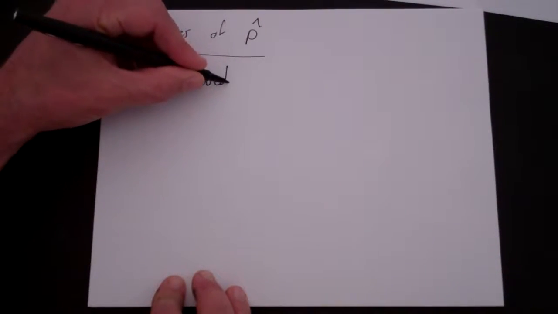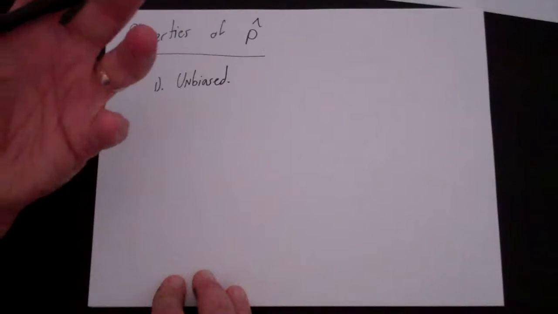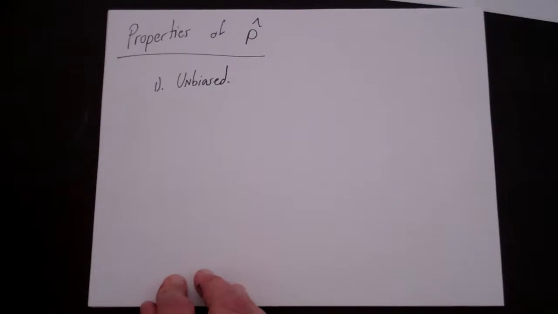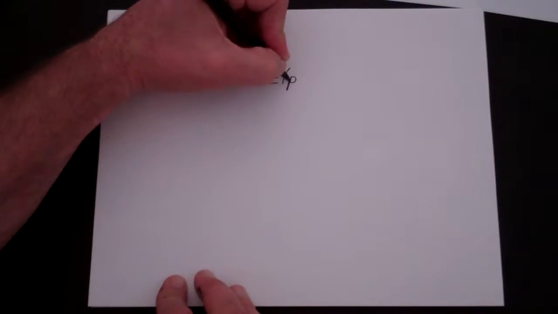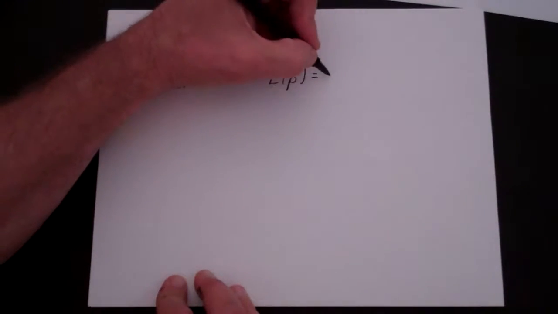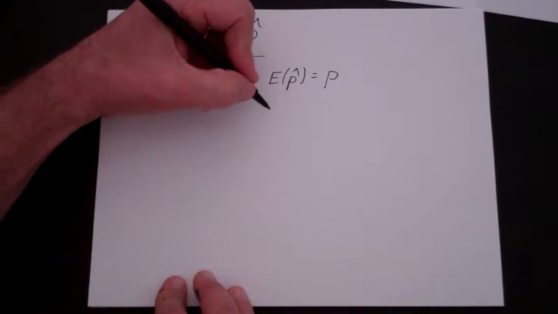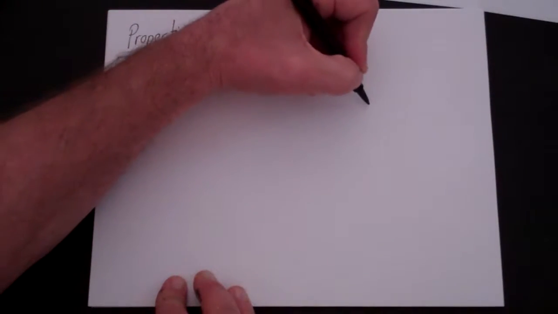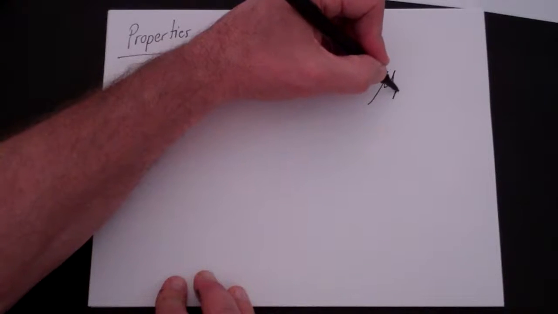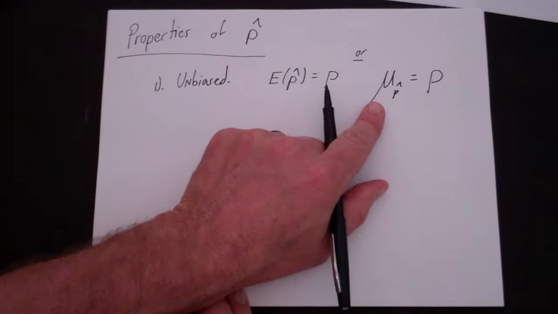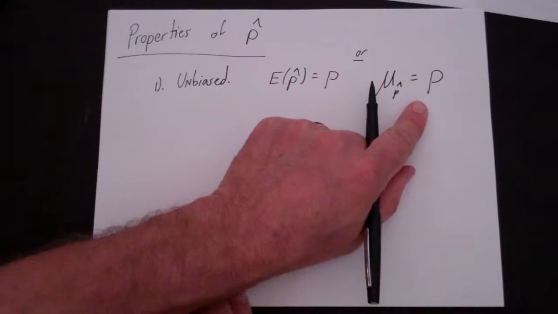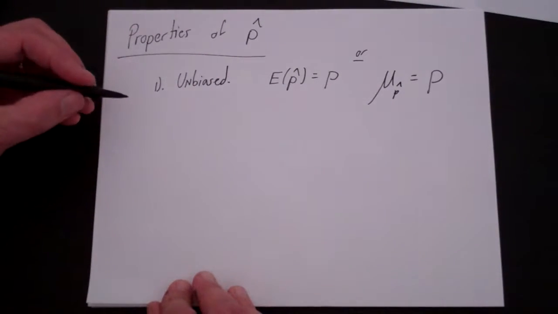There are some assumptions you have to make here: you have to be sure you're taking a random sample from a population. But the expected value of p-hat will equal p, or another way to say that is mu p-hat is equal to p. That is, the mean of the estimator p-hat will equal the true population value.